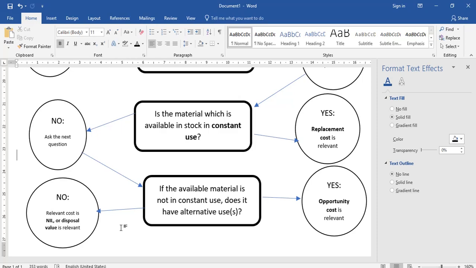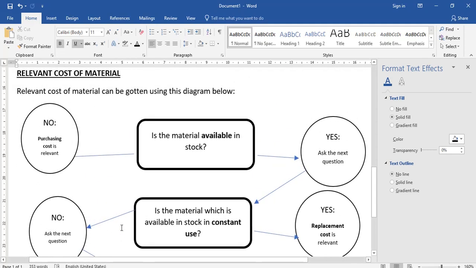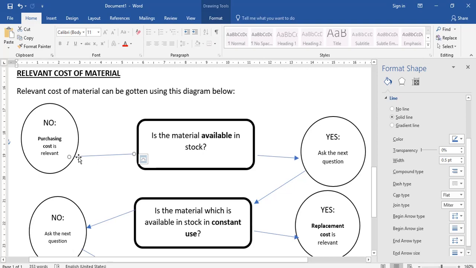So this is the relevant cost of material. Take it again. Is the material available in stock? You can say yes, you can say no. If it is available in stock, then you ask the next question.